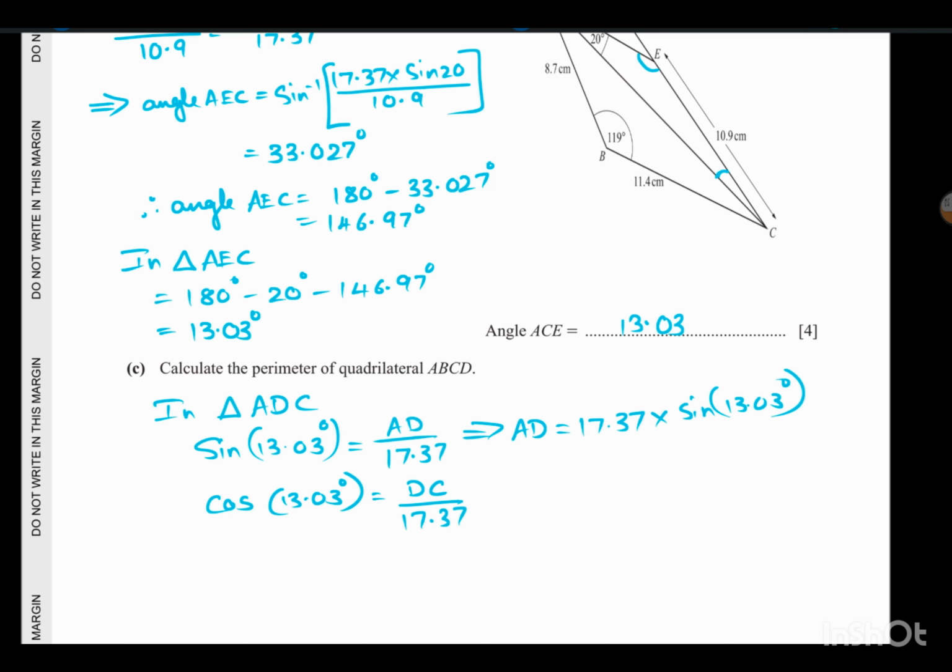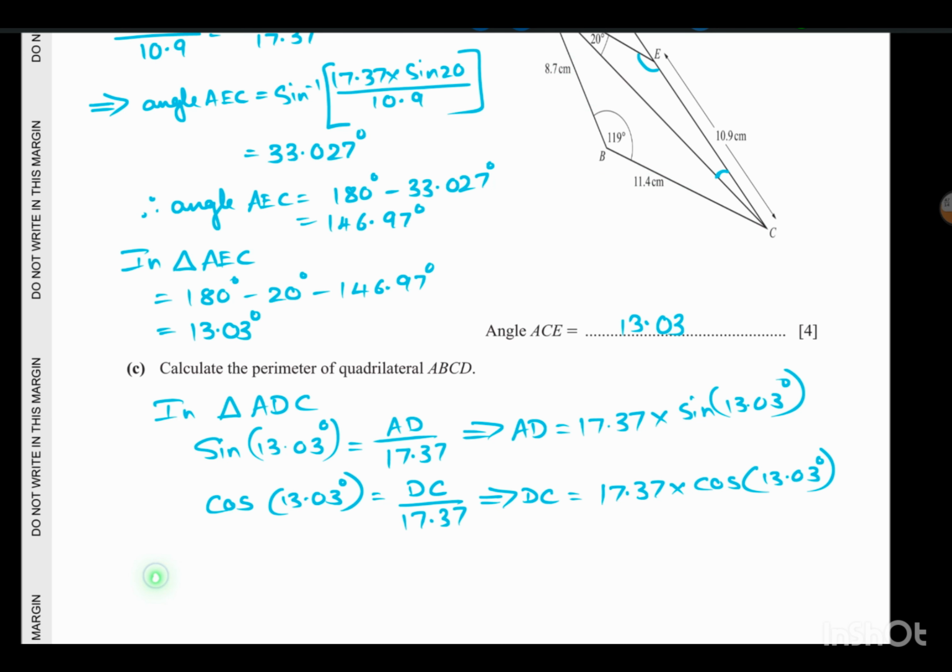Sine is opposite by hypotenuse, and cos is adjacent by hypotenuse. This will give you the value for DC, that is equal to 17.37 into cos 13.03. So we got AD and DC, and AB and BC is already given. So add them.